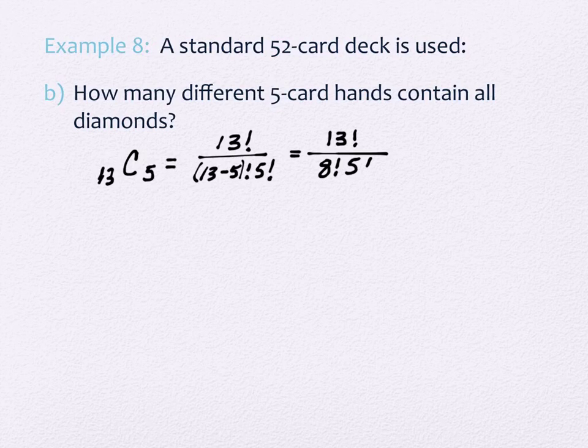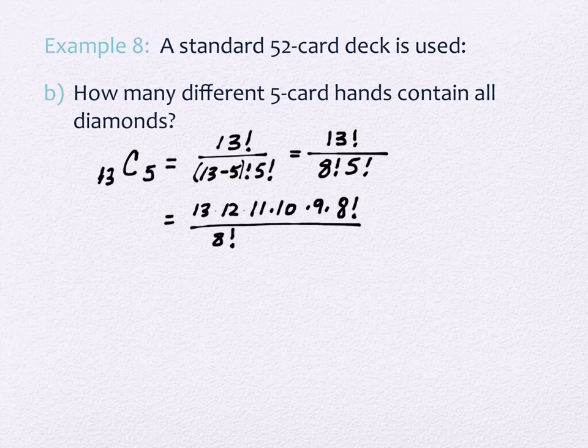So I have 8 factorial and 5 factorial on bottom. So I'm going to write out my 13 until I get to what? Please make note, I'm writing 8 factorial. Don't just write down 8 and stop. You have to have 8 factorial to match with the 8 factorial on bottom. And then 5, 4, 3, 2, and 1.